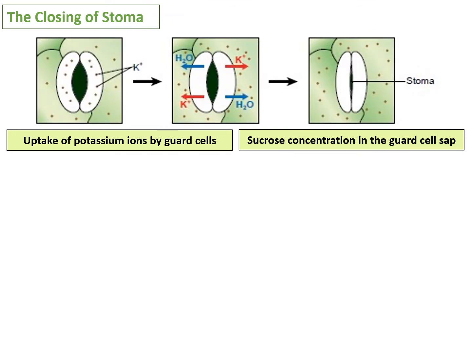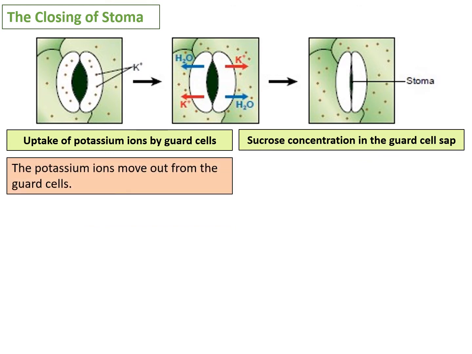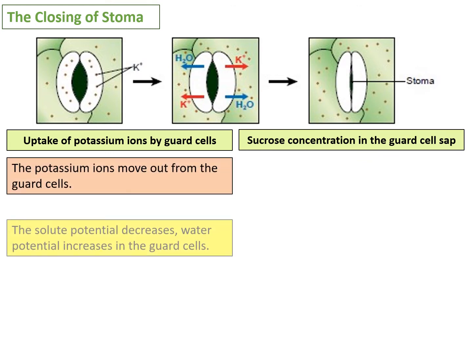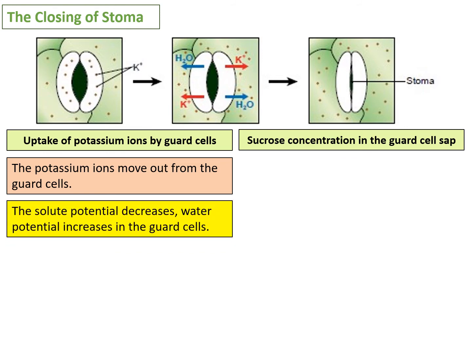The closing of stoma. When the potassium ions move out from the guard cell, the solute potential decreases and water potential increases in the guard cells. This means the water potential in the epidermal cell is lower compared to the water potential in the guard cells.